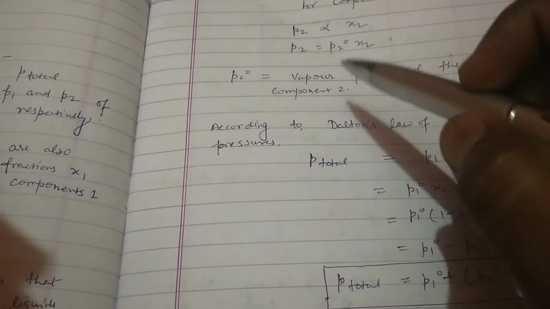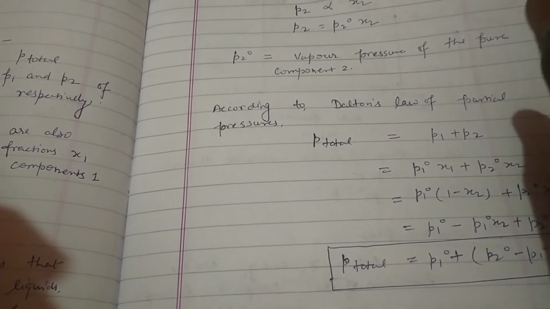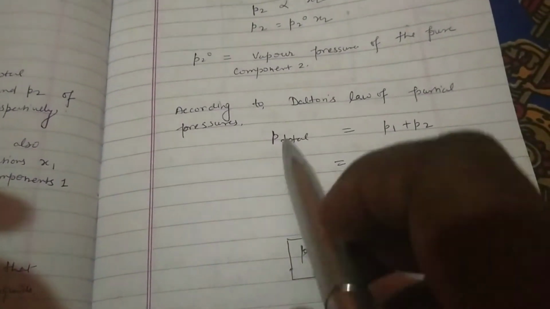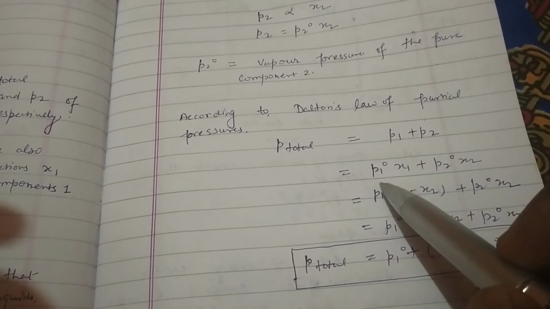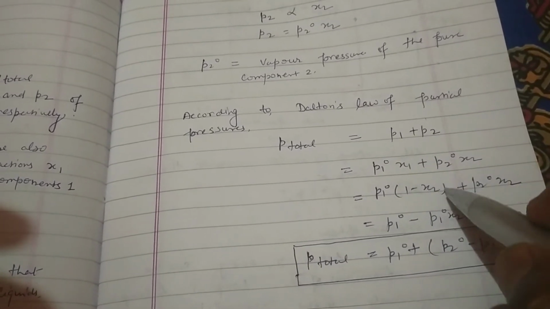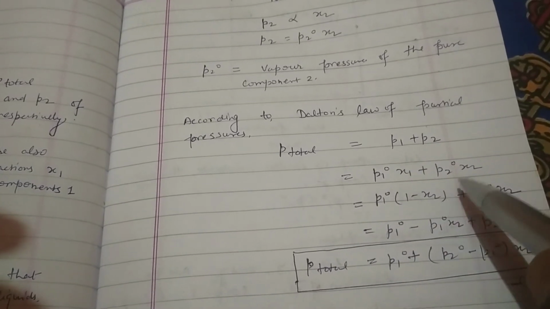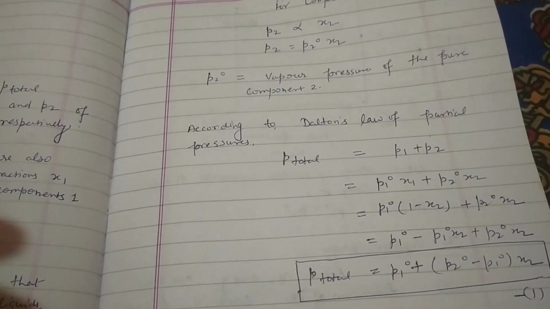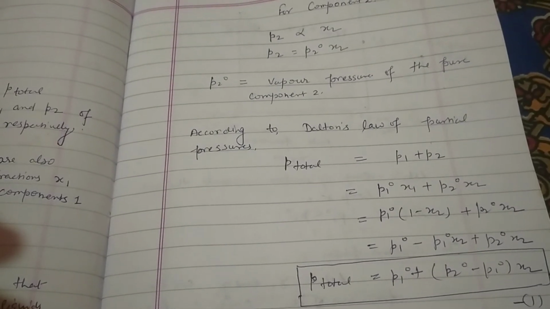Well, understand. According to Dalton's law of partial pressure, you must have seen that Dalton said the total pressure is equal to the sum of the partial pressures of all the gases. So here we consider P total is equal to P1 plus P2, and we know that P1 is equal to P1 naught x1, where x1 is the mole fraction of component 1, and P2 is equal to P2 naught x2. x1 is equal to 1 minus x2, because the sum of the mole fractions of all components is equal to 1.